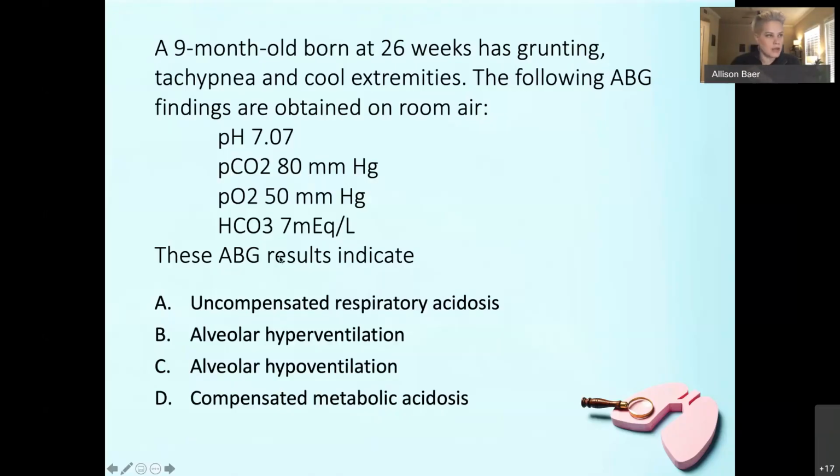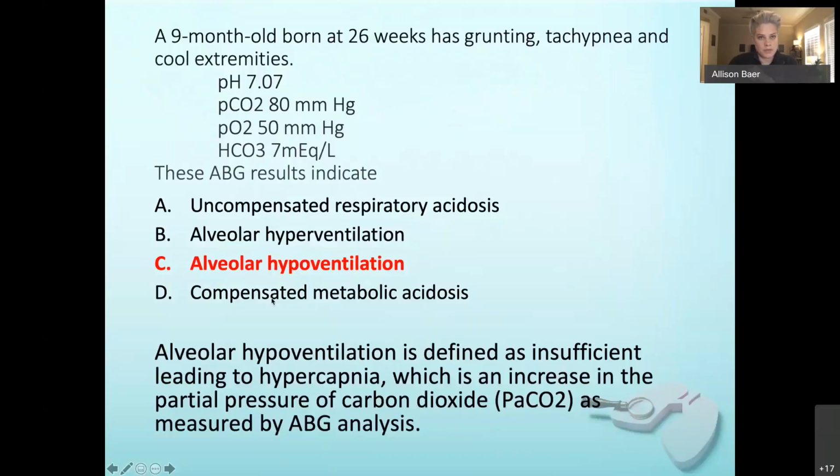So my initial reaction was to pick uncompensated respiratory acidosis because to me, compensated should mean they're closer to normal. But in reading, this was the AACN's answer in their explanation: alveolar hypoventilation. That's defined as insufficient ventilation leading to hypercapnia, which is an increase in the partial pressure of CO2.